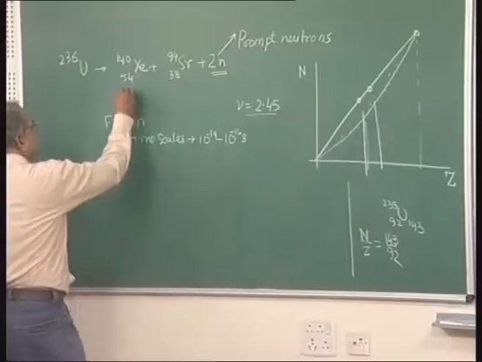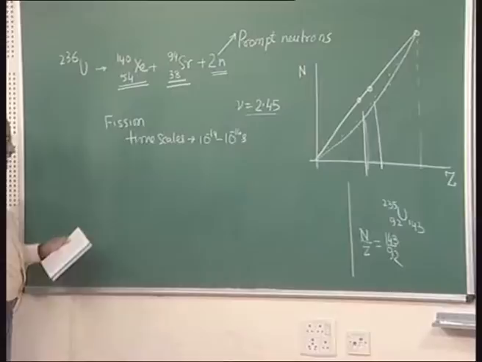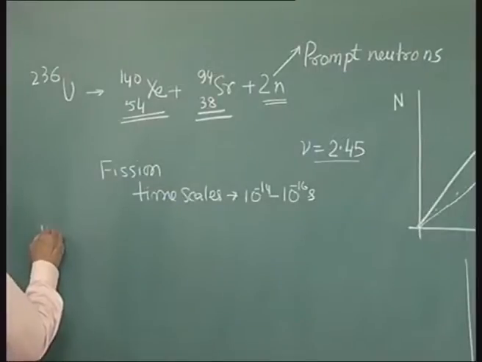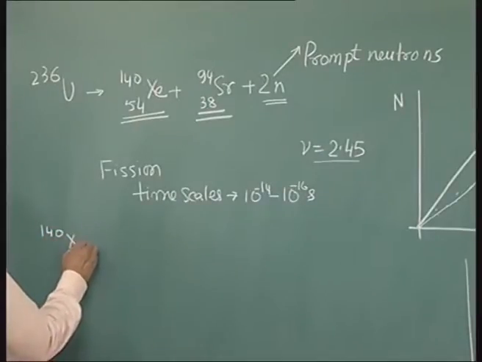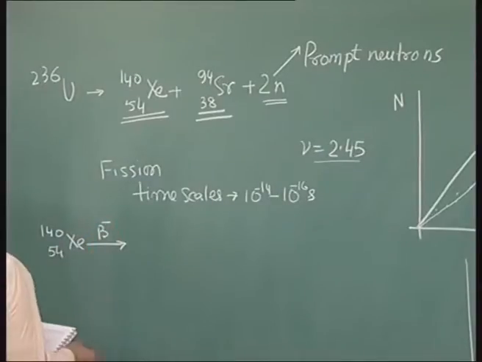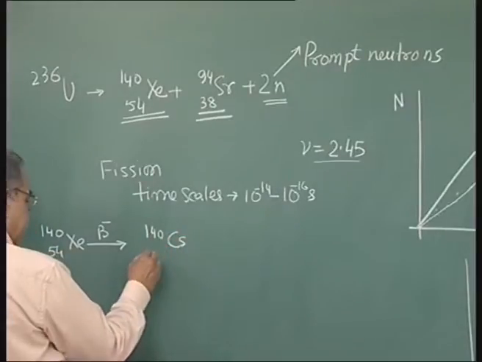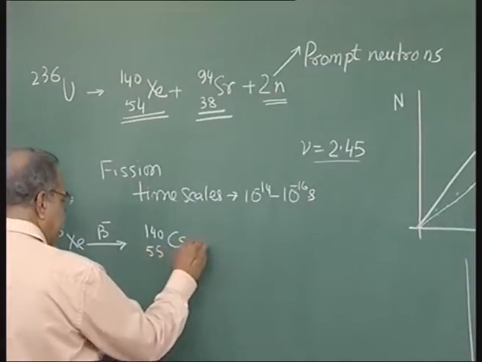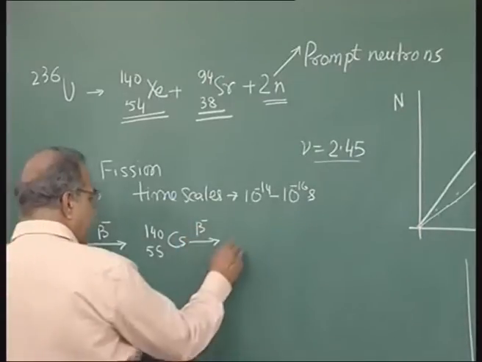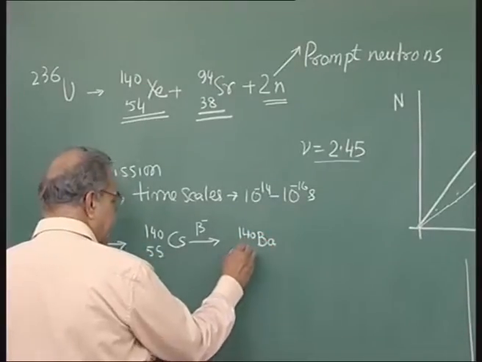For example, in this reaction, these 2 elements that are created here are beta active, and they come to stability through these reactions. 140 Xe 54 will beta minus decay to 140 Cs 55, and this will beta decay to 140 Ba 56.